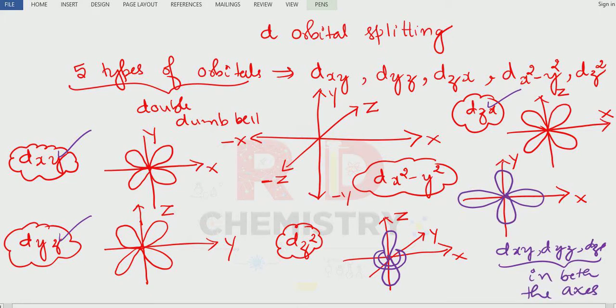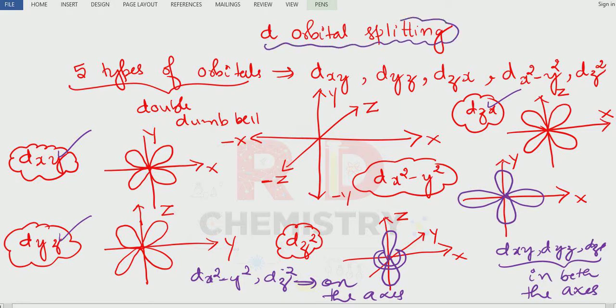In case of dx square minus y square and dz square, the lobes are there on the axis. This is very important, on the axis. So 3 have lobes in between the axis and 2 have them on the axis. Very important to study d orbital splitting in the octahedral and the tetrahedral entities. Clear?